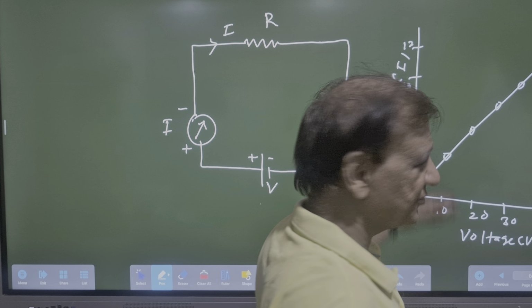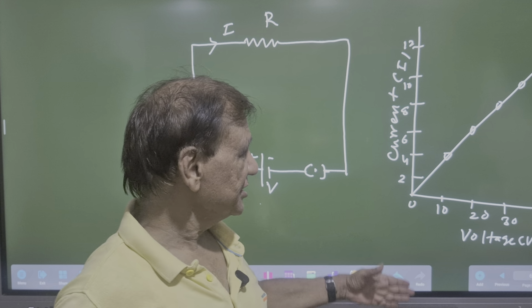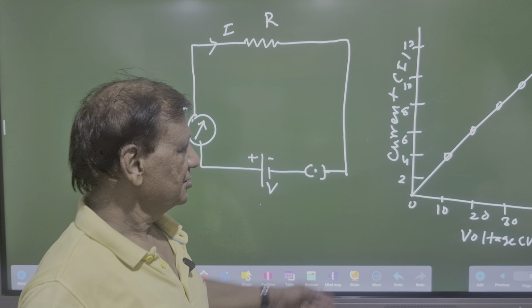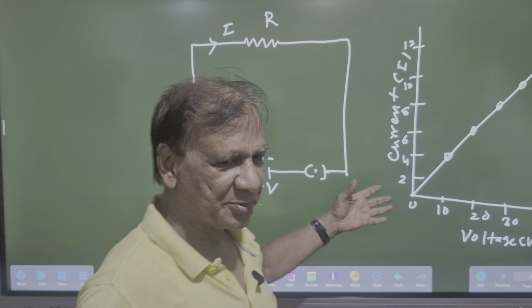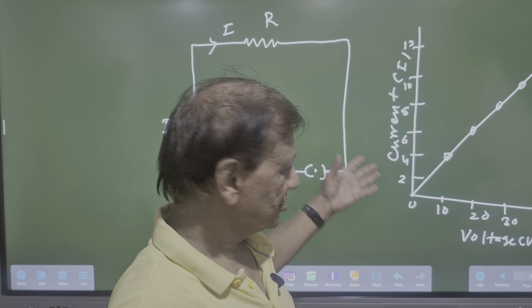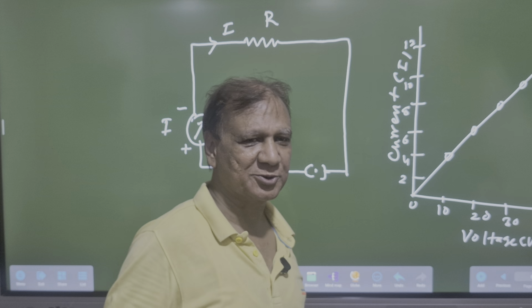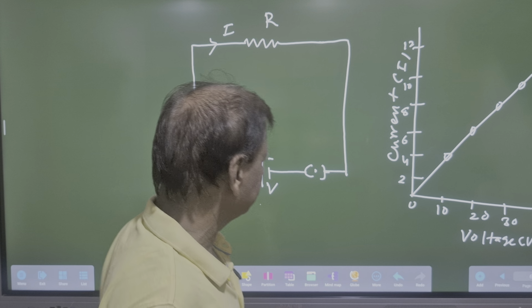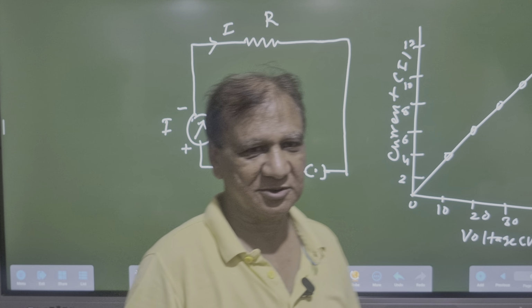So you can say the graph is a linear graph. So this shows that voltage is directly proportional to current, or current is directly proportional to voltage. As voltage is increasing, current is increasing. I hope you understood. Thank you.